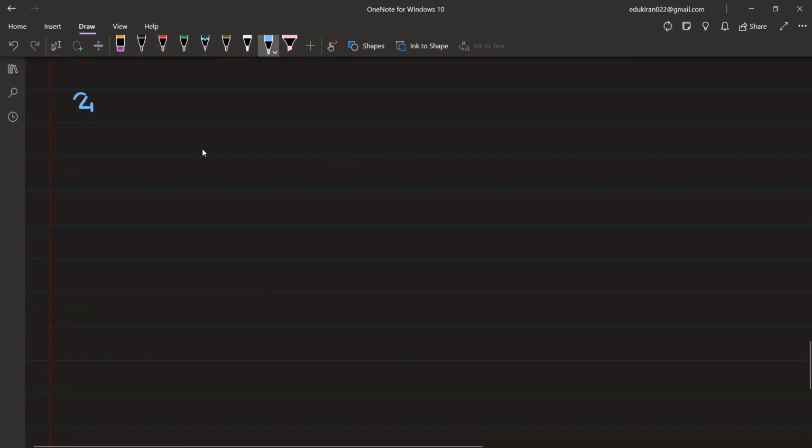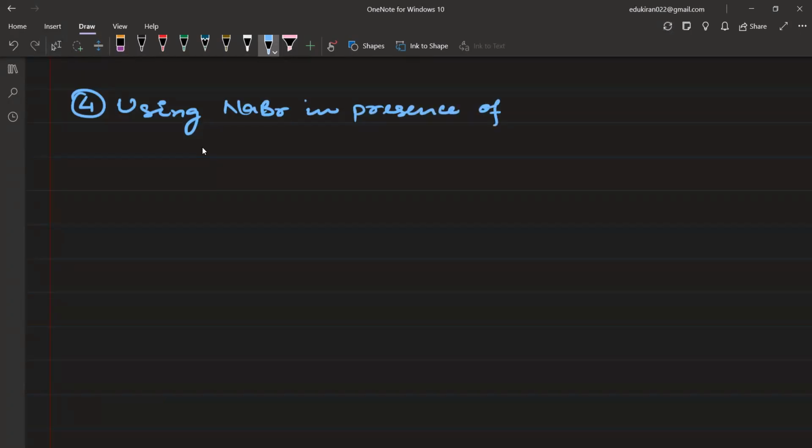Fourth reaction. All of these are from alcohol, okay? Using NaBr in the presence of H2SO4.